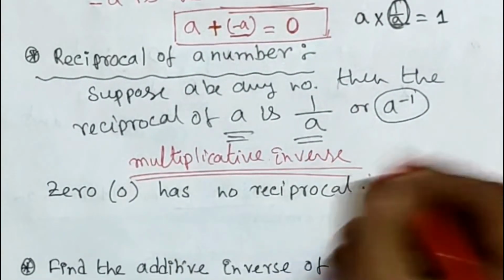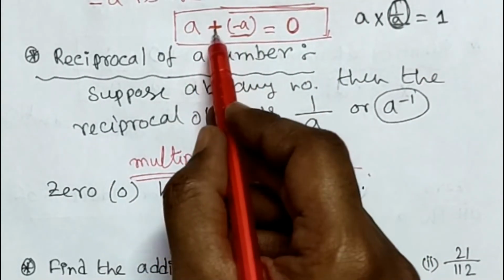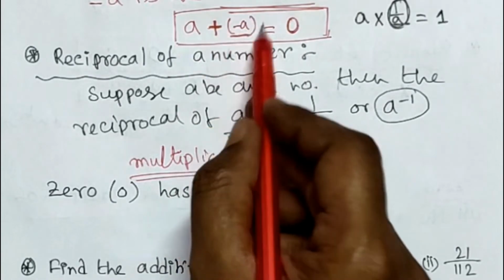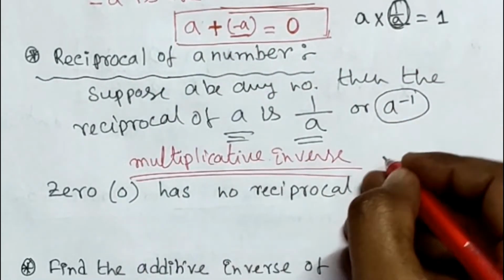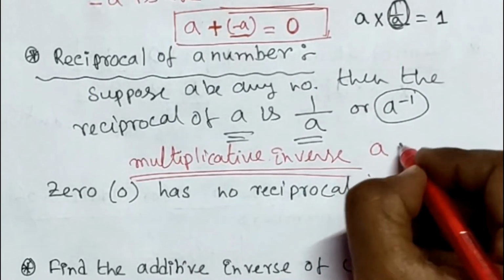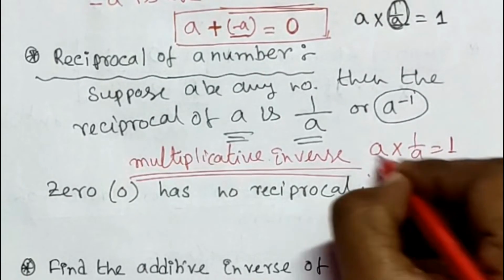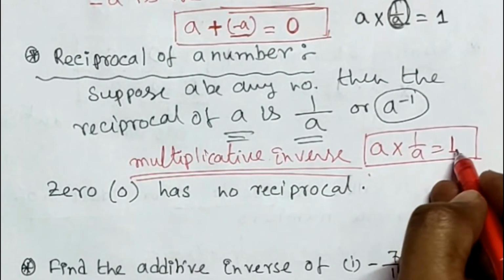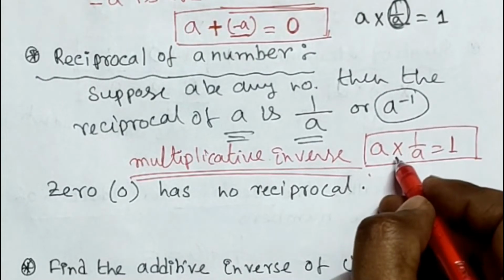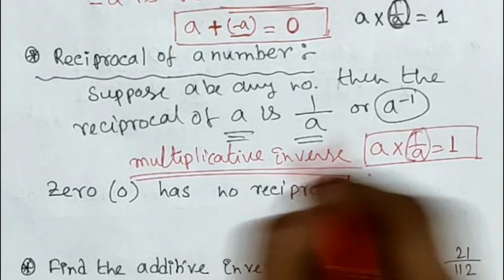Now multiplicative inverse. For additive inverse we say that a plus negative of a equals 0, hence negative of any element is its additive inverse. For multiplicative inverse, an element a into its reciprocal gives us the identity element 1, right? 1 is the identity element for multiplication. So the reciprocal of a number is its multiplicative inverse.